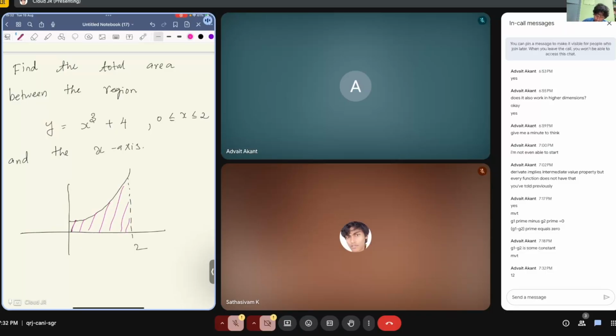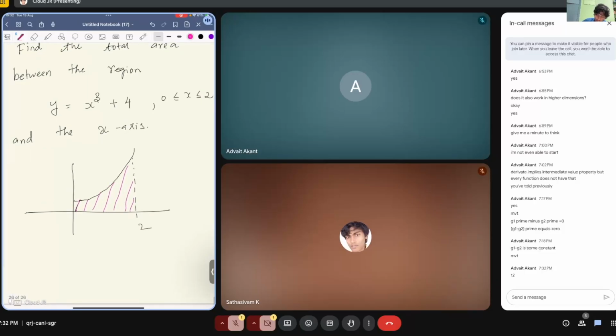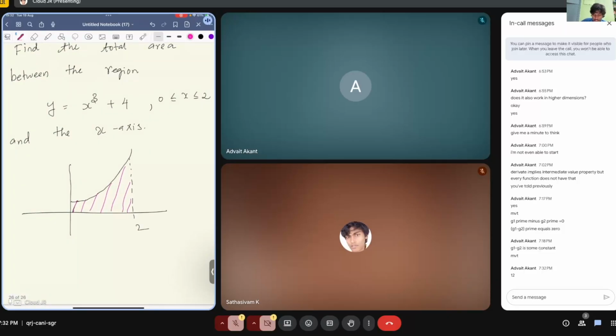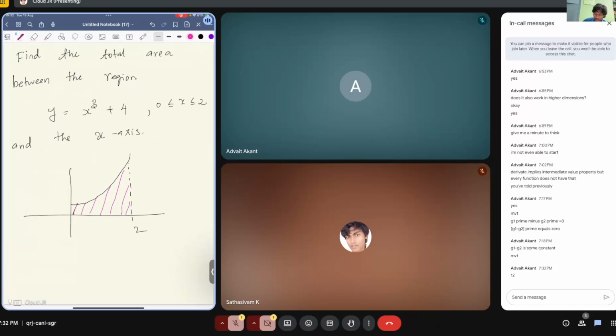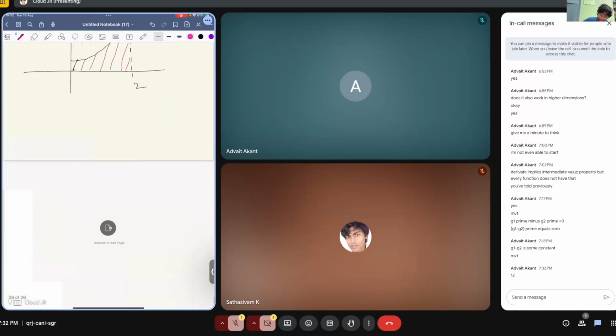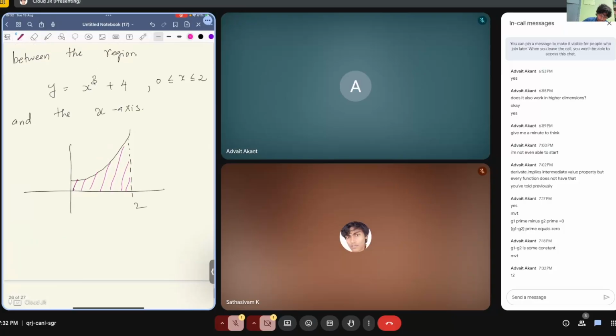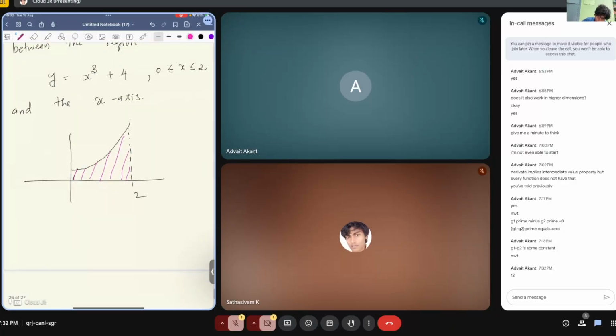If you want to find the area under the curve, that basically means you are going to take the integral, right? This follows from the first fundamental theorem. The area of this curve is nothing but the integral of y dx bounded by 0 and 2.